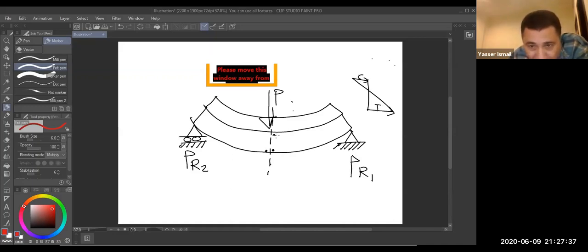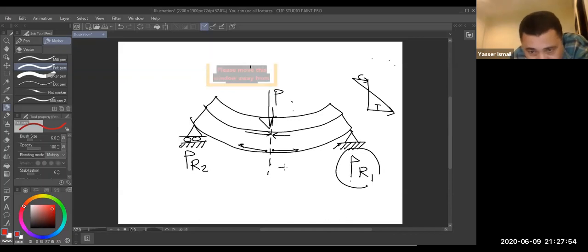Why does this section have lower fiber in tension? Because this reaction gives moment in this direction. Put your finger here.